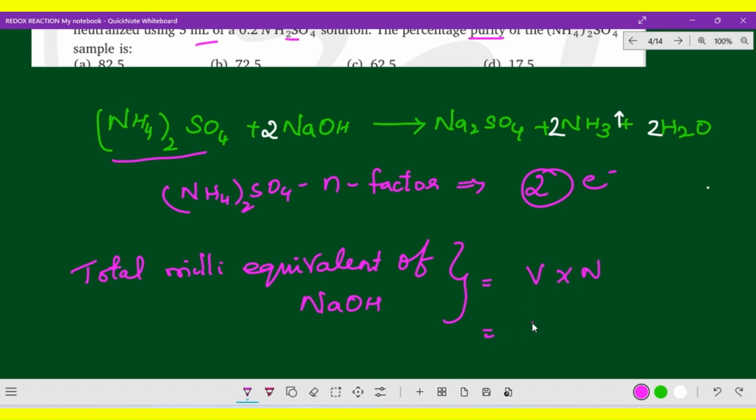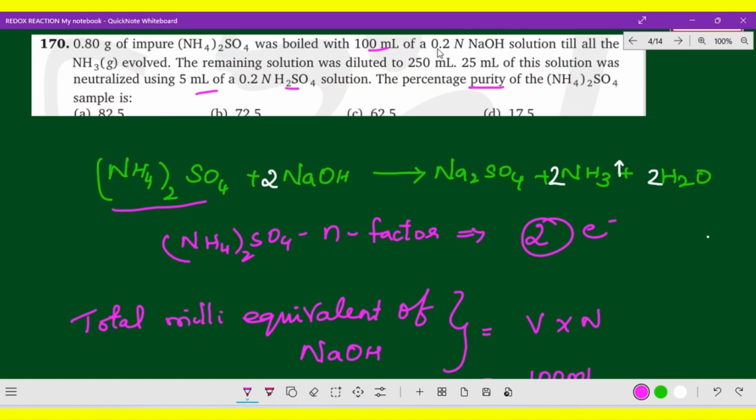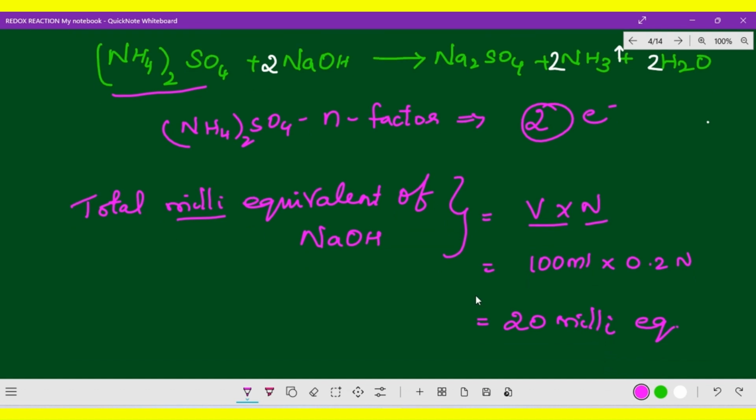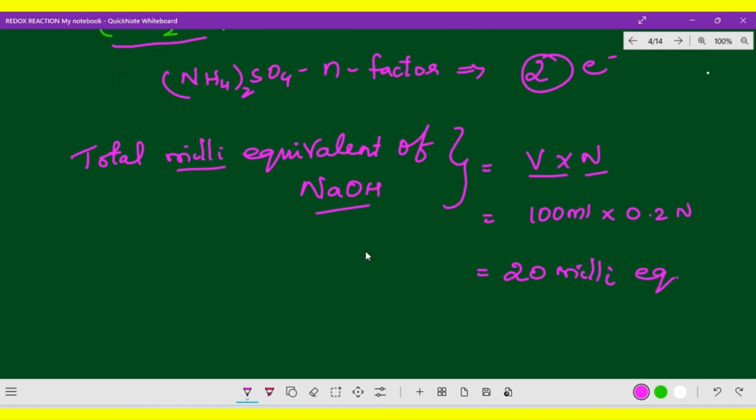Volume, how much they have provided? 100 ml, and normality is 0.2 N. So milli equivalent is volume in ml into normality, 100 into 0.2 N. What is the answer you will be getting? You will be getting around 20 milli equivalent. This is the sodium hydroxide milli equivalent we found.